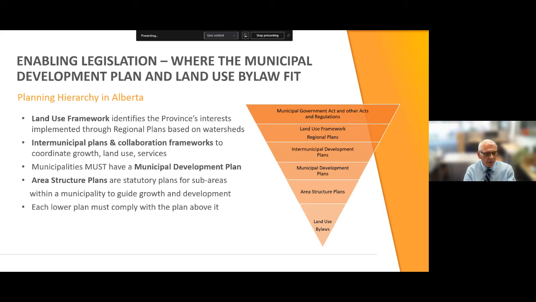Area structure plans, which are done at a more localized level, then have to conform to the municipal development plan. And then you get the land use bylaw, which, as I mentioned earlier, ensures that the municipal development plan gets followed in terms of the long-term vision, by zones and regulations and so forth.